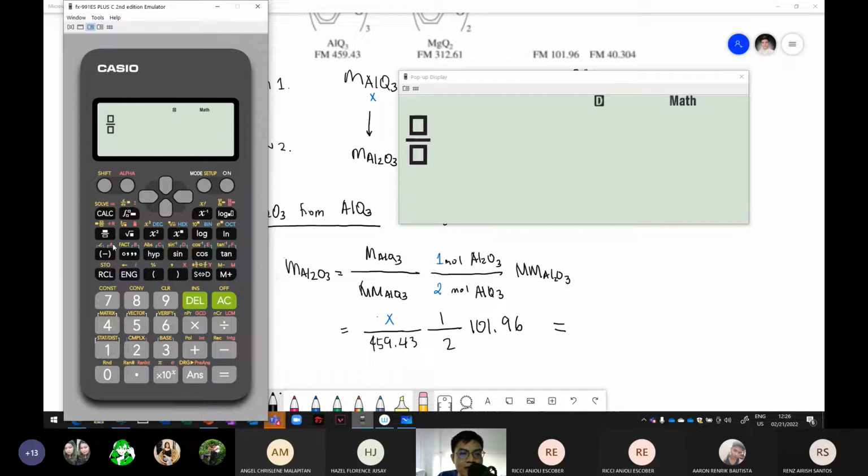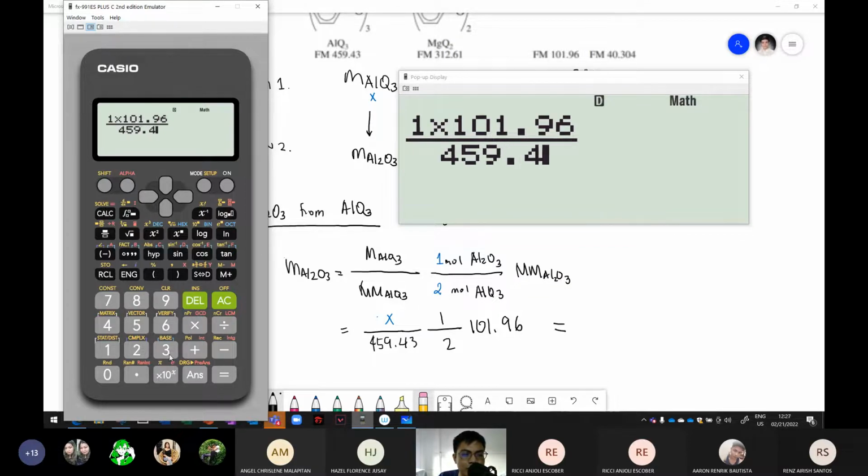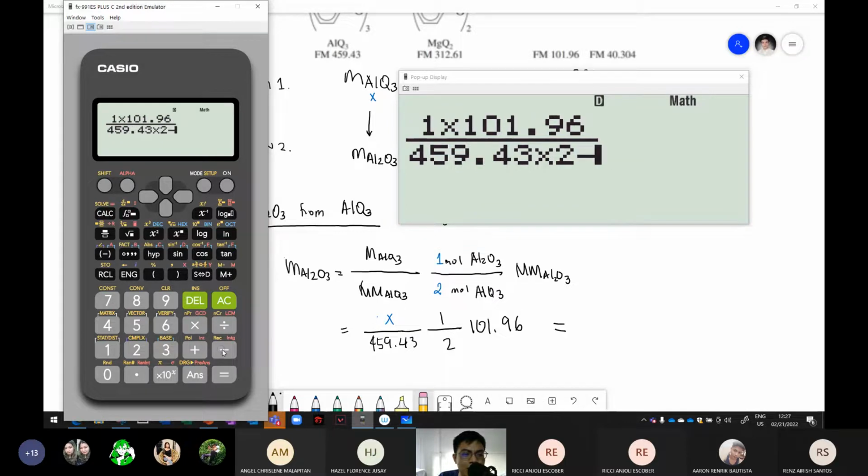Again, don't mind the x muna, just multiply all the numbers in the numerator and the denominator. So 459.43 times 2. Oopsie.